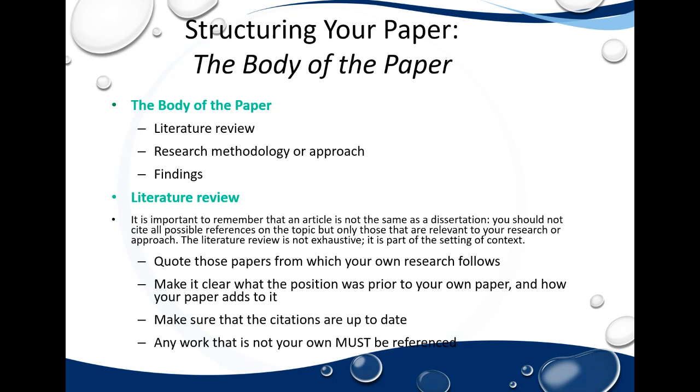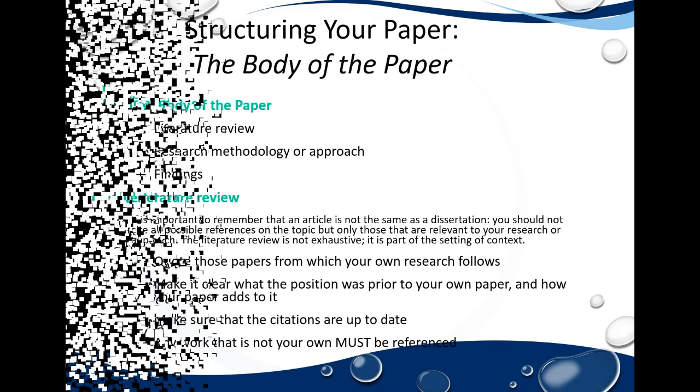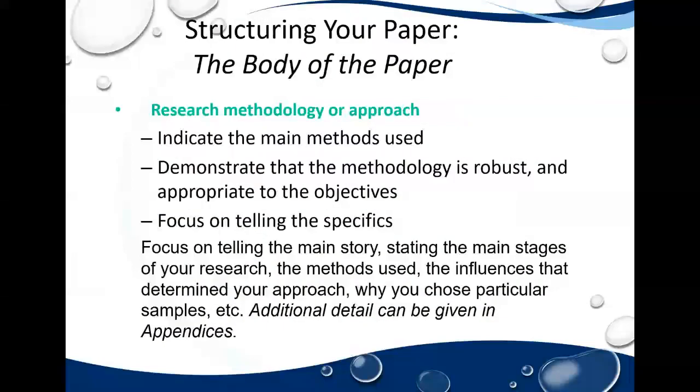All right. And of course, we know the issue around plagiarism. Every time you are referencing somebody's work, of course, you have to acknowledge the work. All right. And then when it comes to the research methodology or approach, these are things that you are or should be aware of right now, but I'm zooming in on them specifically for the purpose of assisting you to think about how you frame them in the context of writing an article as opposed to writing your dissertation.